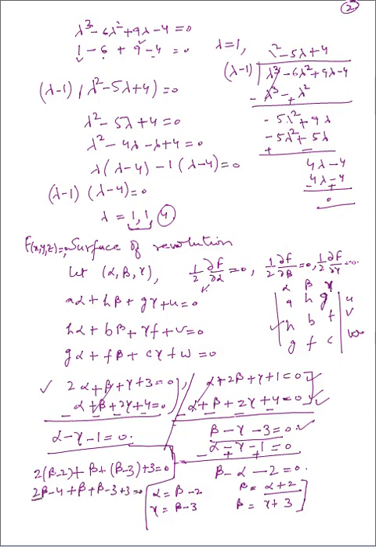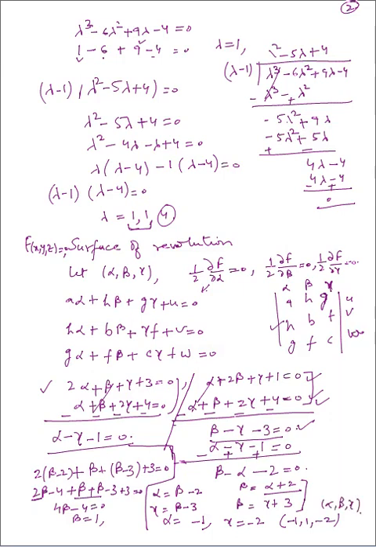So 2, 4 beta and minus 4. So beta is 1, alpha is minus 1 and gamma is minus 2. So root center value is minus 1, 1 and minus 2. So this is alpha, beta, gamma, center.